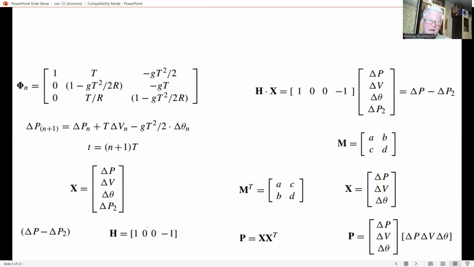Okay? The vertical channel is not modeled because it is unstable, as was shown earlier, because of the gravity compensation with altitude, which results in positive feedback of altitude error.